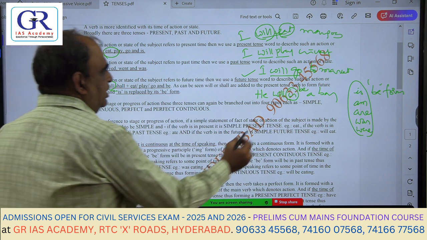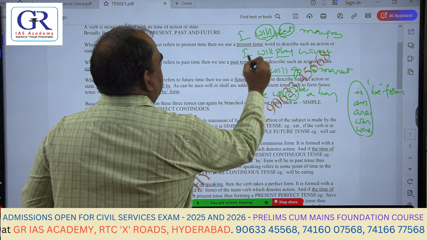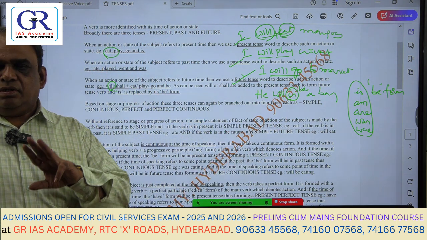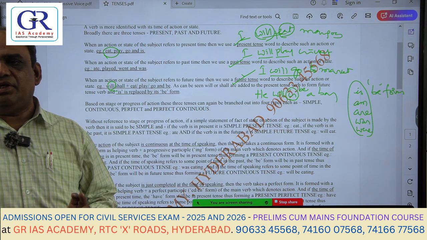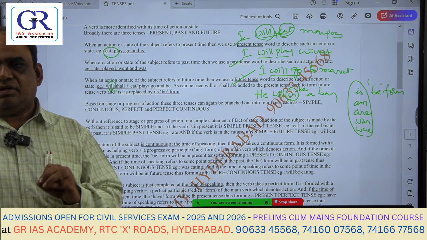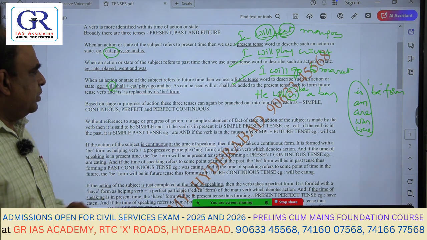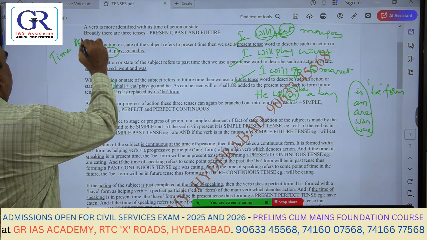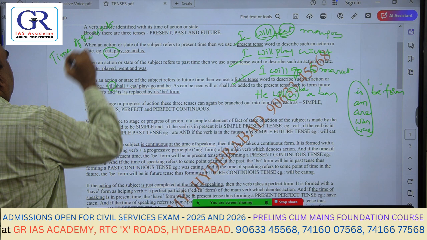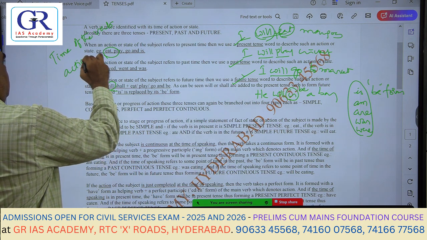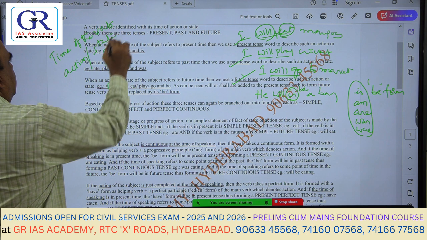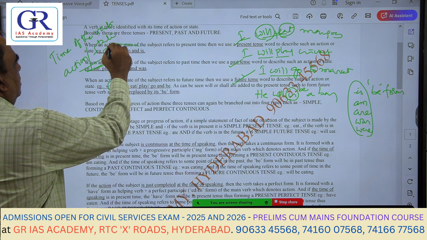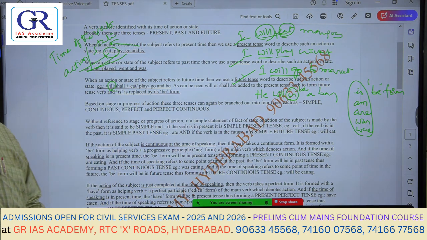So like this we have studied present tense, past tense and future tense. All these 3 talk about the time of the action or state of the action. Based on the time of the verb, whether it is action or state, as I have told you, eat, play, go are actions, and is is state, the being state.